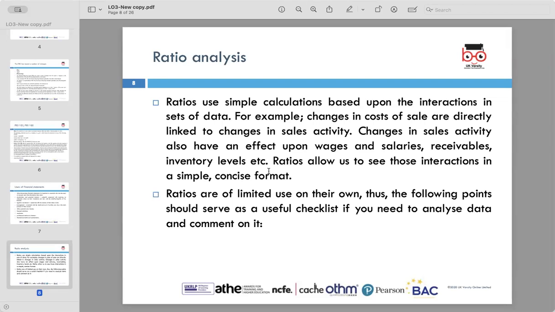Interactions and insights. Ratios highlight the relationships and interactions between different financial elements, such as how changes in sales activities affect cost of sales and other related expenses.